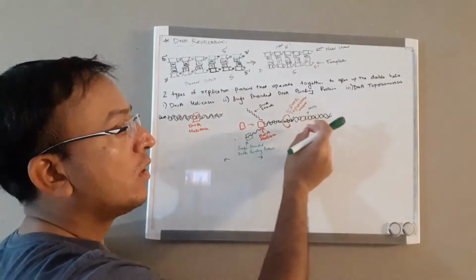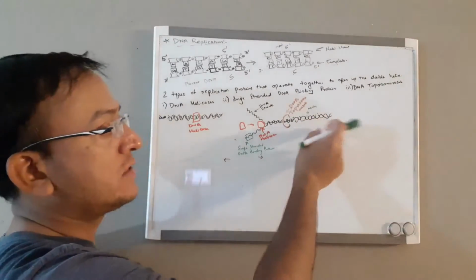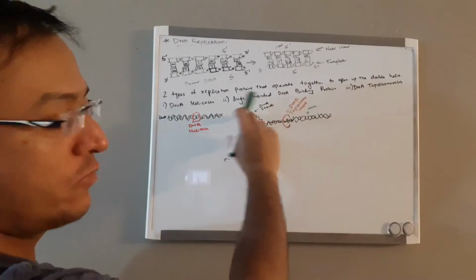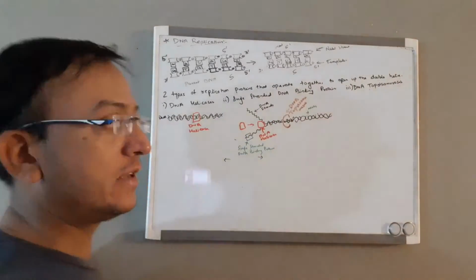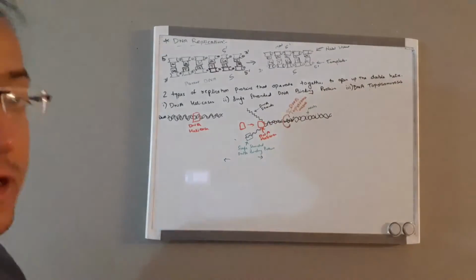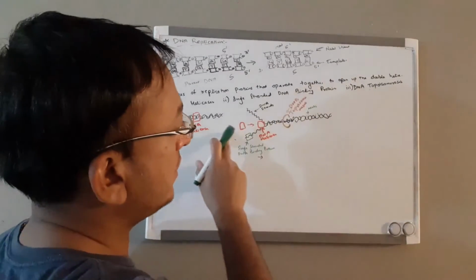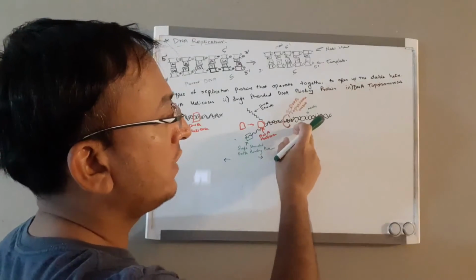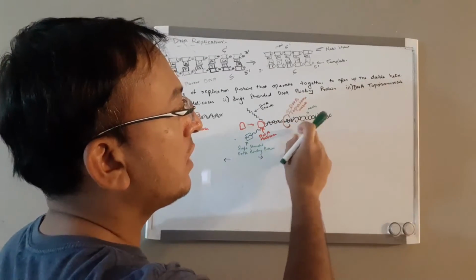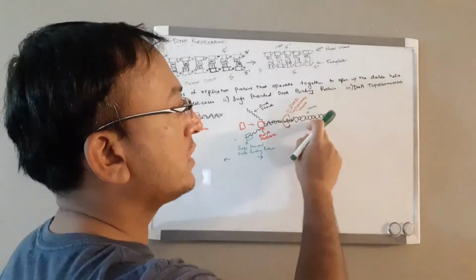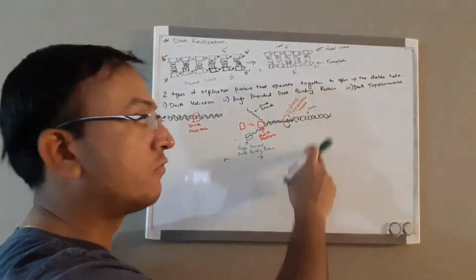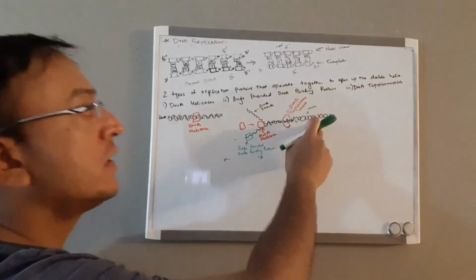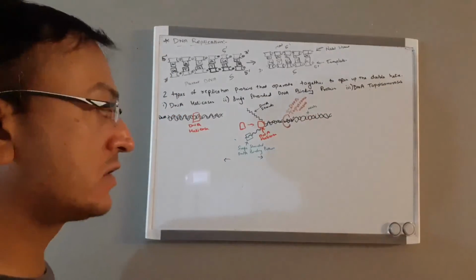Because of these nicks, it relieves the stress and the tension that is happening because of the opening of the DNA helix. As soon as the DNA replication fork moves further, as soon as it comes here, this DNA topoisomerase seals the nick and falls off. So before falling off, DNA topoisomerase will seal these nicks.